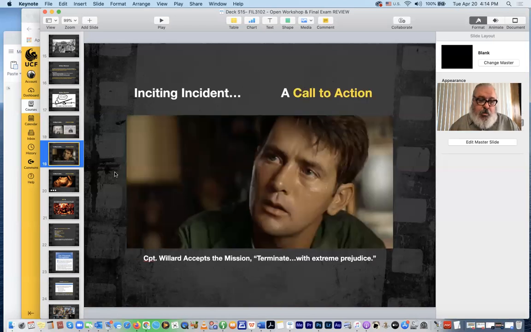The hero, or the protagonist, if you will, in Apocalypse Now, we took a look at Captain Willard, and we talked about his evolution, the way his character has to evolve both naturally and painfully with the concepts of war and with his own personal ambition.